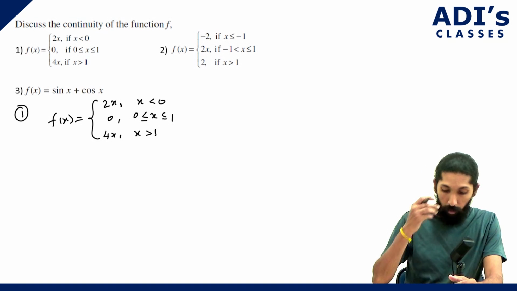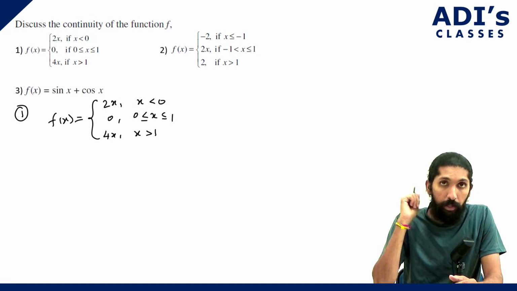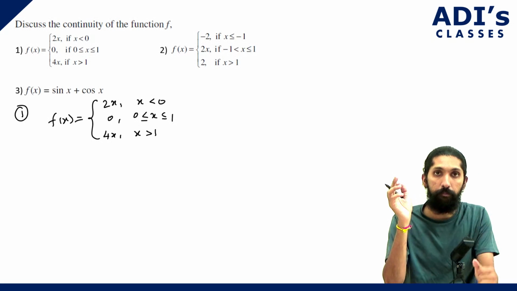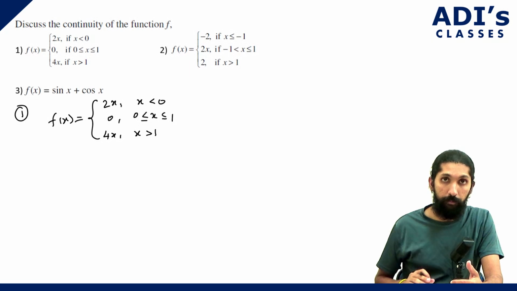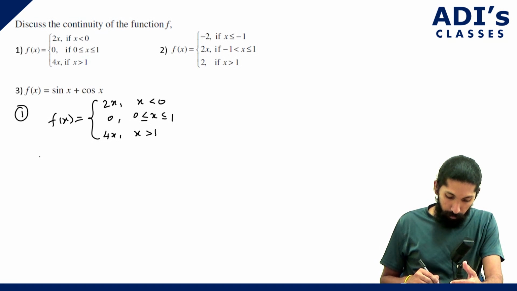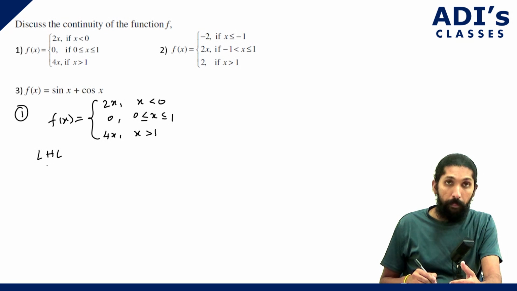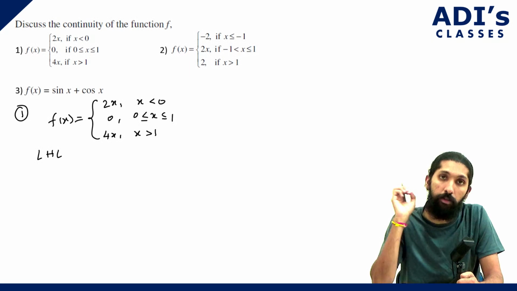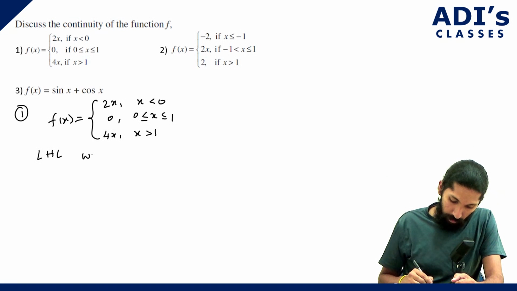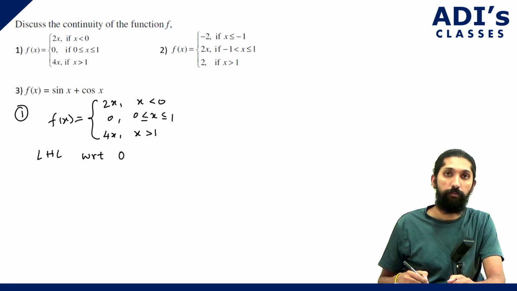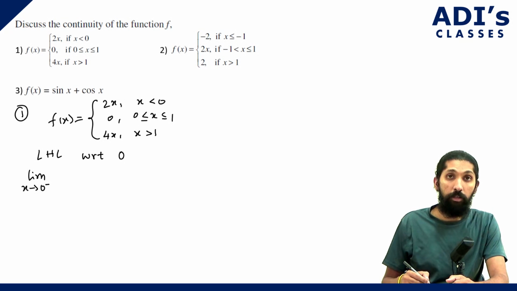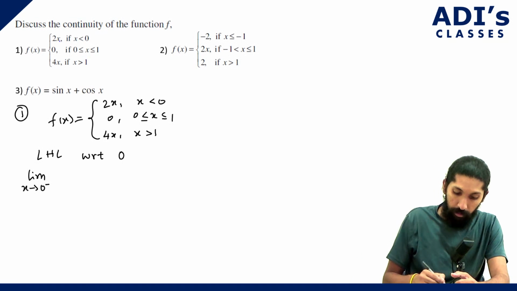So discuss the continuity of the function, isn't it? Now what we have to take is, guys, we have to take 2 parts here. One is with respect to 0, one with respect to 1. Now let me show you how to go about it. Okay. Now first we'll do LHL, but LHL with respect to point 0. Limit as x tending to 0 minus would be nothing but the left hand, this particular function.